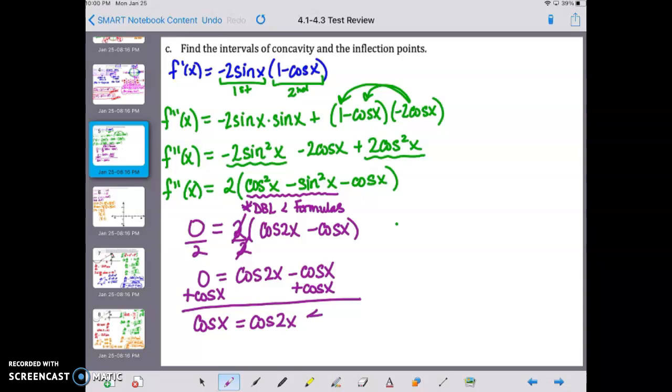So let's put a little note here. Graph both on calculator. Find the intersections, because the intersections of these two functions are going to be where the two functions equal each other. So I'm going to go ahead and grab my graphing calculator.